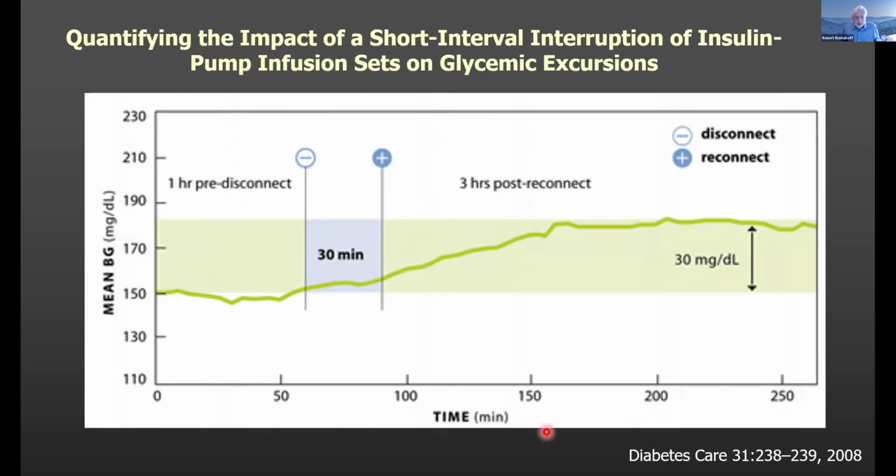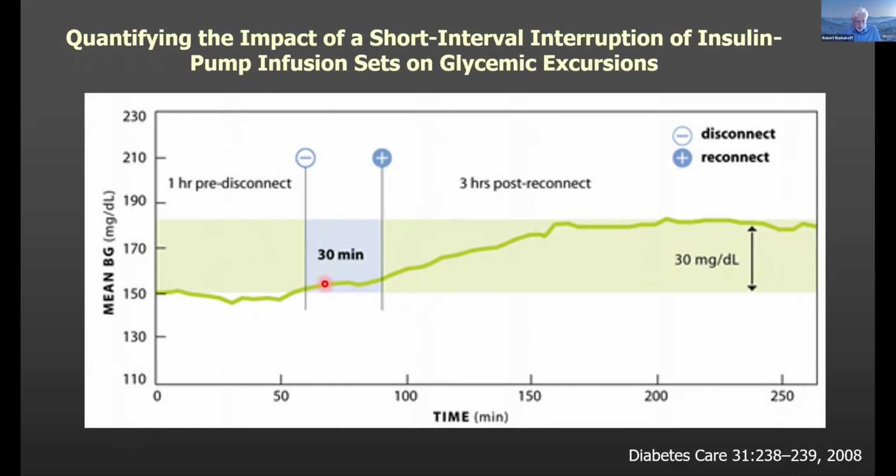This is a study where you had patients on pod pumps. They're on their basal rate. They just turned off the pod for 30 minutes and then followed the blood sugars. And you can see just turning off the insulin for 30 minutes led to the blood sugars going higher later. So why am I showing you this? It's because you're all anesthesiologists and you don't see patients out here.